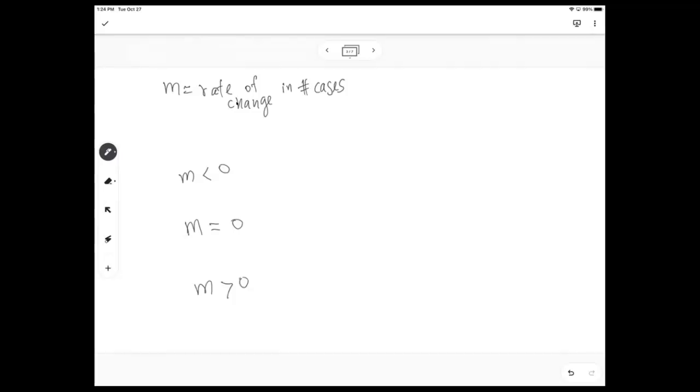So if the slope is 0, then in this case we would say, well, that means that there is no change. So if the rate of change is 0, it means that things are not changing.